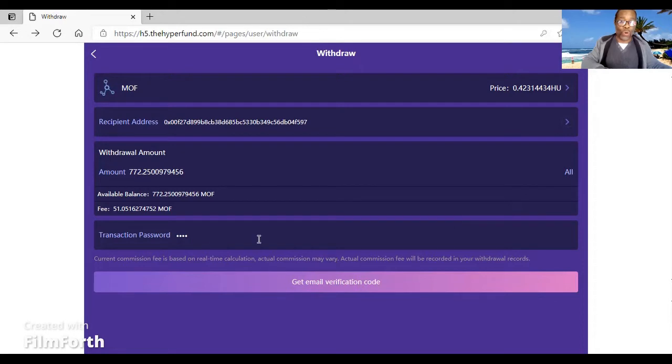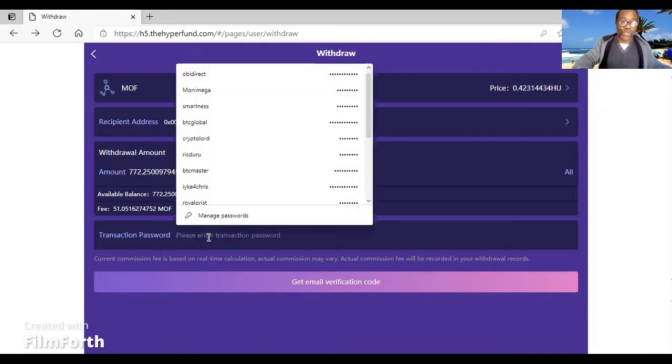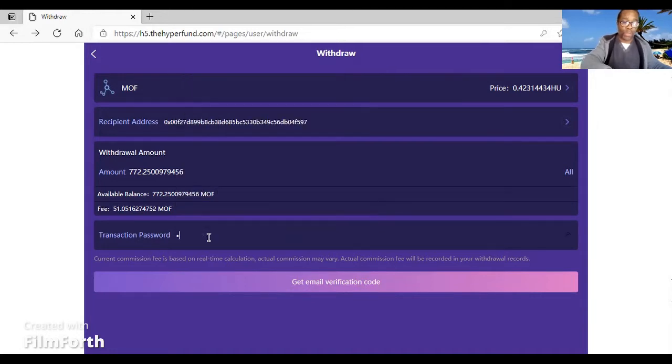So I will now put my transaction code and then get the verification code that will be sent to me.